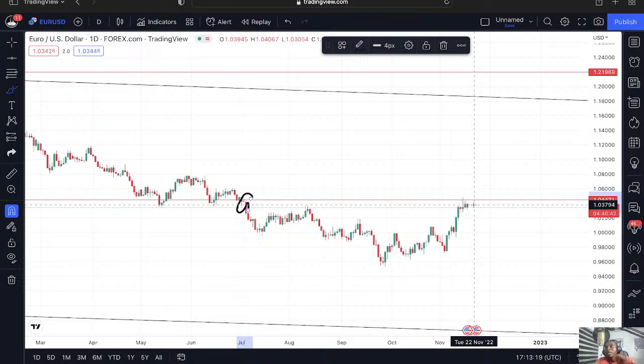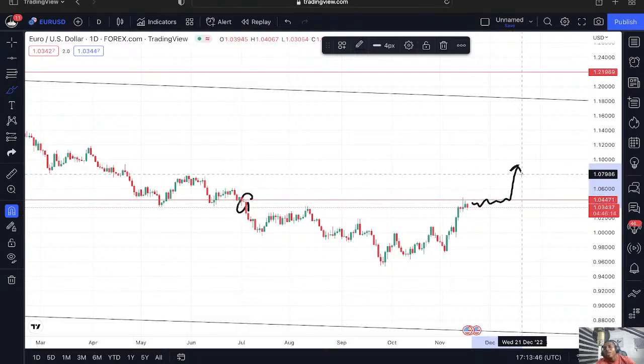Now the moment you should start considering and expecting a breakout is when price starts lingering longer on the resistance level. If price starts lingering longer on the resistance level, what happens? A potential breakout cannot be denied.